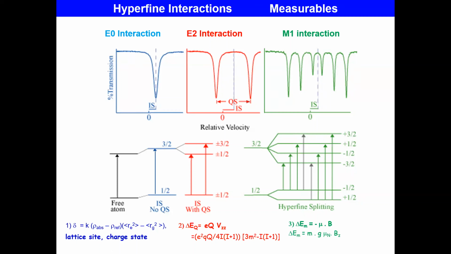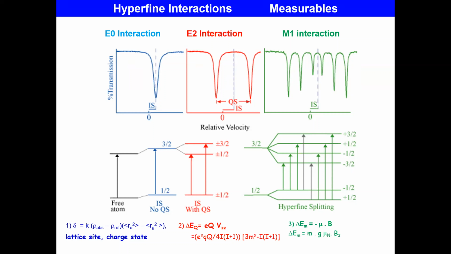This gives us information on the charge state as well as on the lattice site of the nucleus in a lattice. The second interaction is the quadrupole interaction, and we should go from the bottom up. This interaction is just the interaction between the quadrupole moment of the nucleus and the electric field gradient at the site where the nucleus is located.